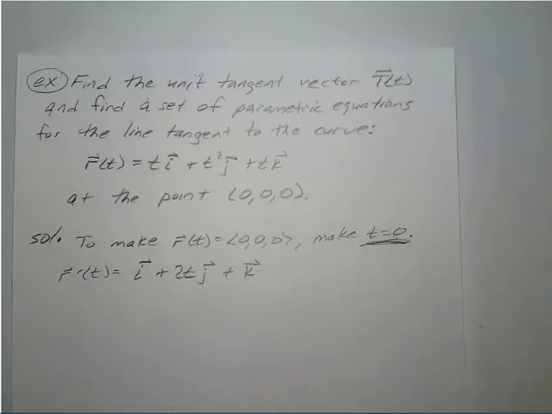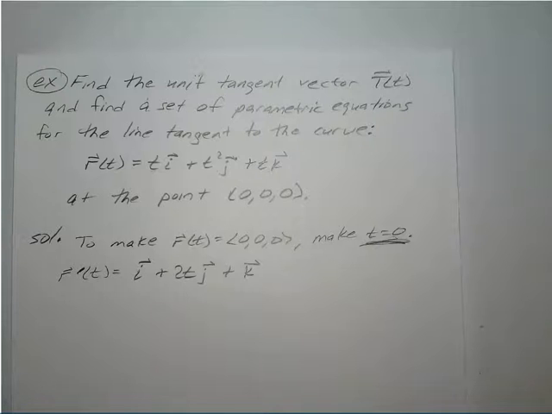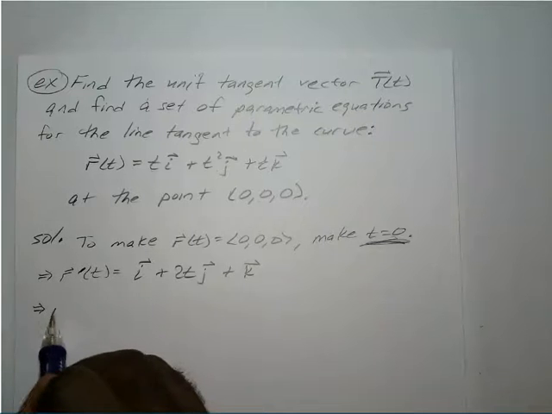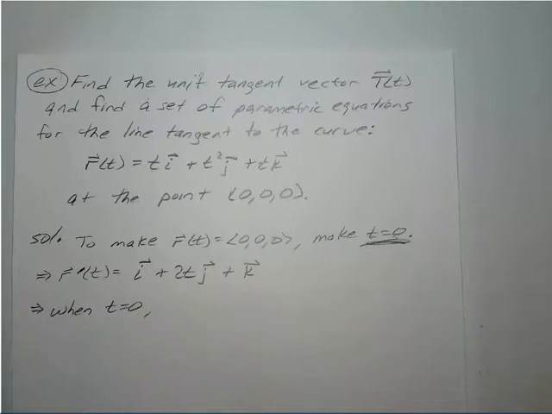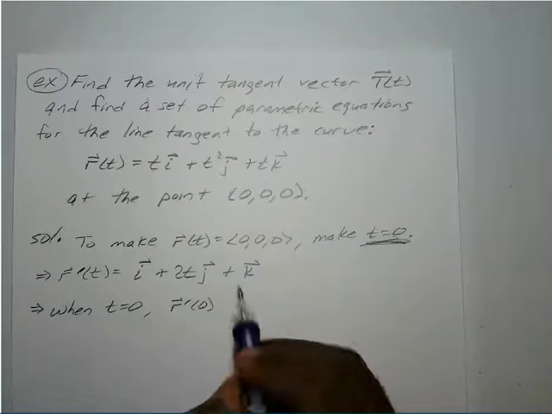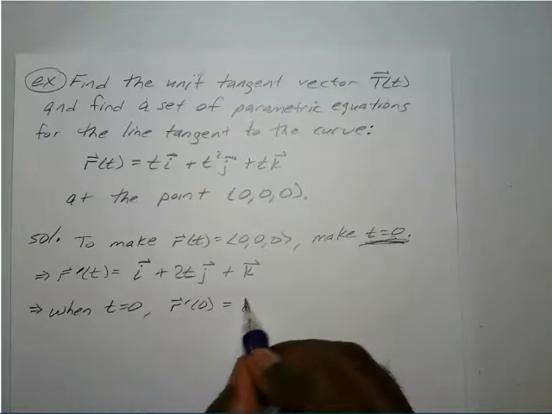Now we want to find our tangent when t is equal to 0. Okay, so when t is equal to 0, r prime of 0 is equal to, if you plug in a 0 here, there is no t, so it just stays i.